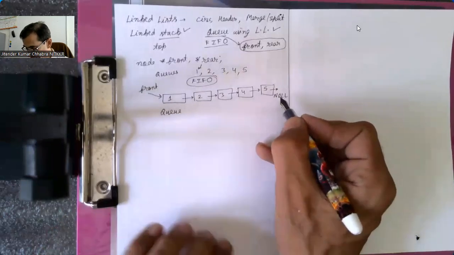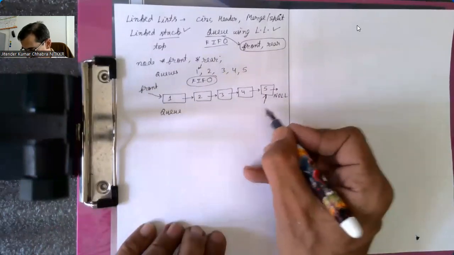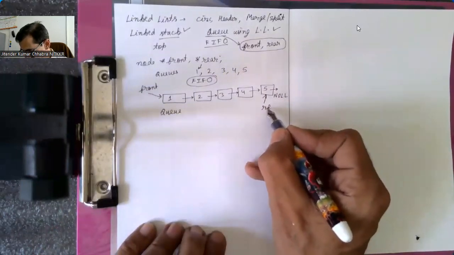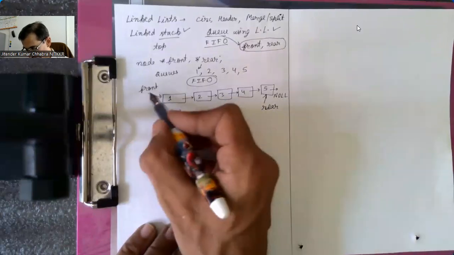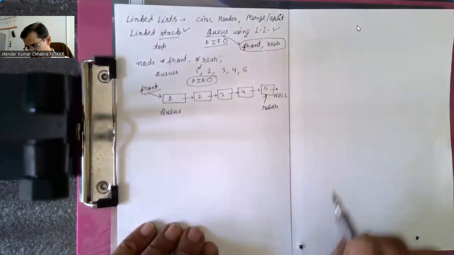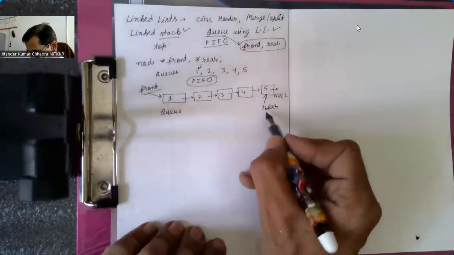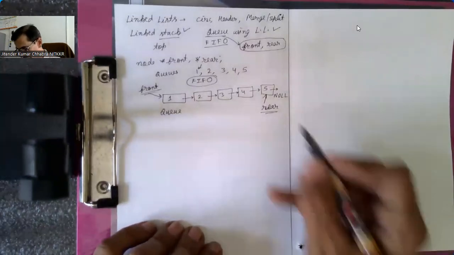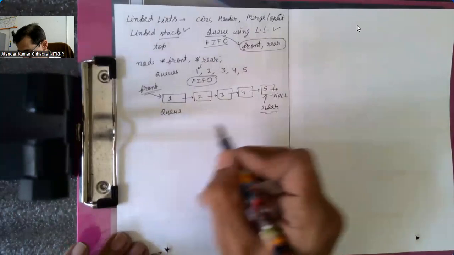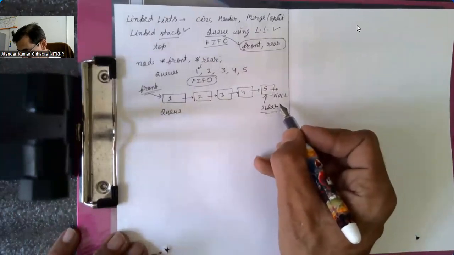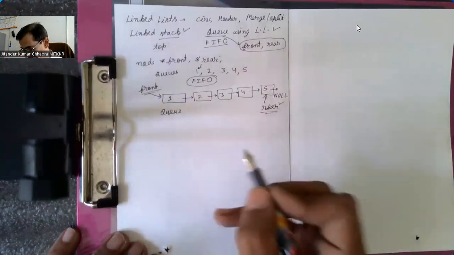The only additional change is that you now have a rear pointer also. In a normal linked list, you have only the start, which is equivalent to your front node, but here rear means the end also. In a linked list you didn't have a last pointer, but here a rear pointer is available.